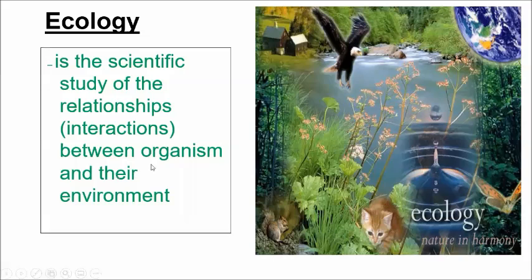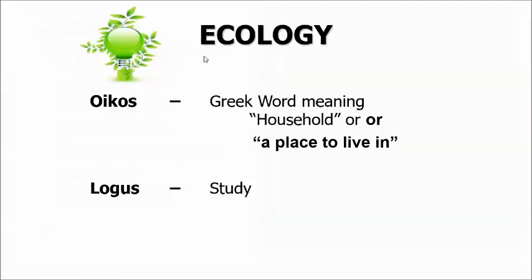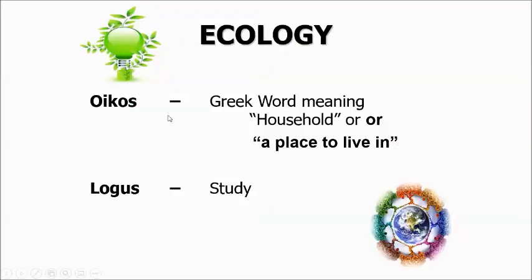This is between organisms and environment, as well as the relationship between one environment and another. Okay, so eco came from the word oikos, no, meaning household, meaning a place to live in, and logos is study or logi.